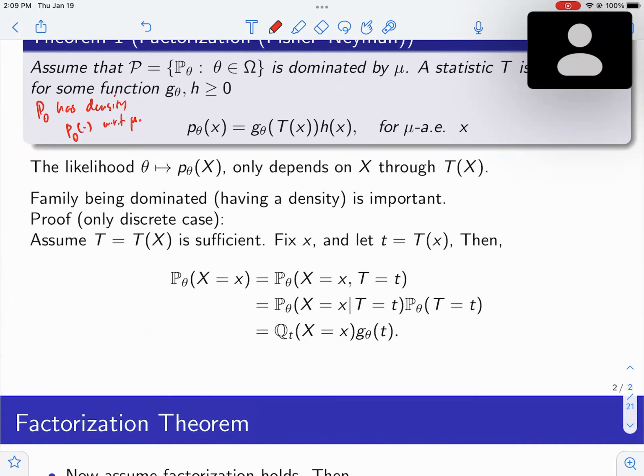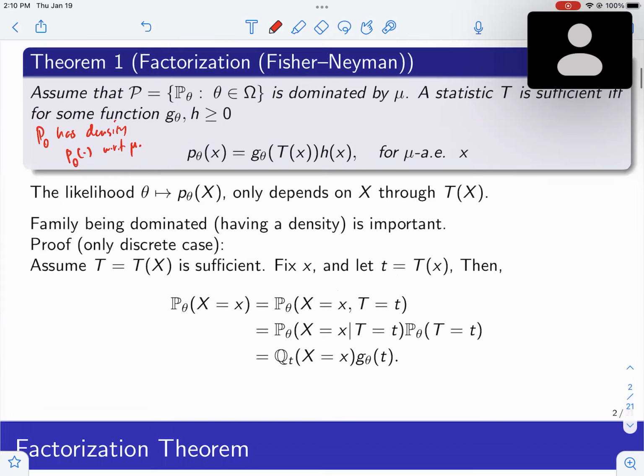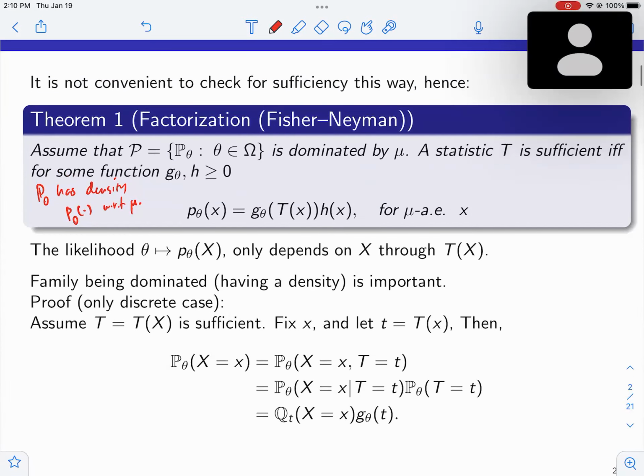You can read this in the discrete case. Basically, the factorization is given by when you try to condition on T, and the pieces sort of come out. This is for the discrete case. In general, it's going to be much more complex, but I'm going to ask you to believe me, or believe whoever this theorem is due to, that this result holds in general.